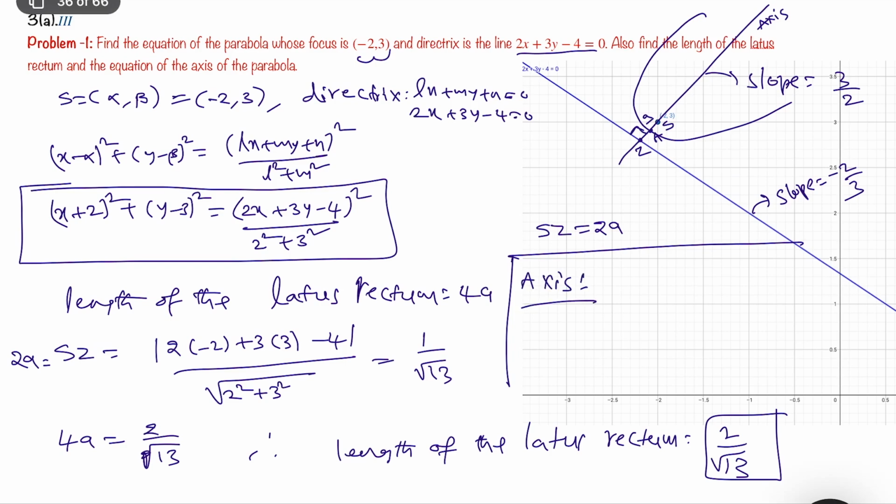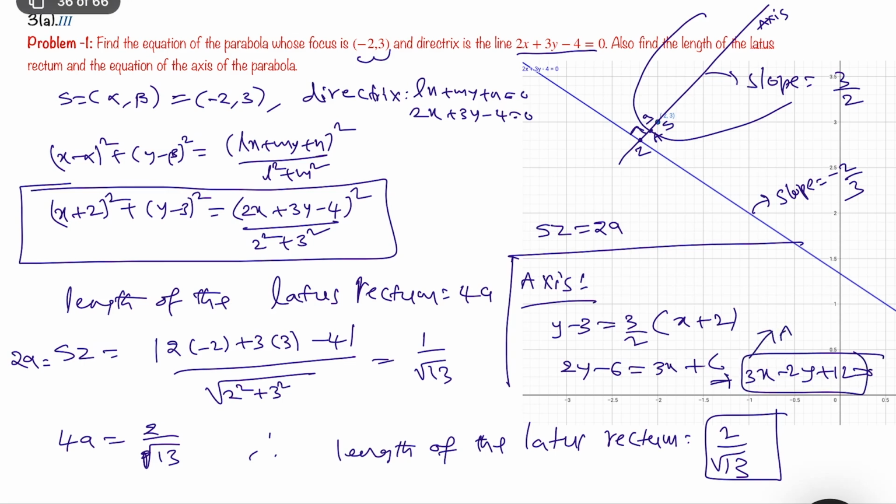So the axis equation is going to be y minus 3 equal to 3 by 2 times (x plus 2). It's going to be 2y minus 6 equal to 3x plus 6. It's going to be 3x minus 2y plus 12 equal to 0. So this is the axis of the parabola. Okay, so this equation is 3x minus 2y plus 12 equal to 0. Okay, fine.